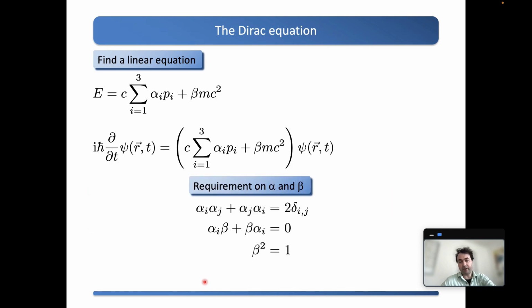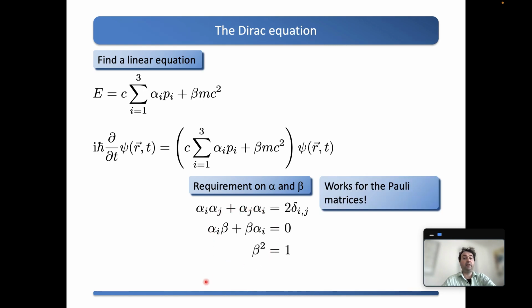Now if you look at the requirements, then we can find 2 by 2 matrices that fulfill these requirements, and actually these are the Pauli matrices. So if you look at sigma x, sigma y and sigma z, or sigma 1, 2 and 3, then they nicely fulfill these relations. Now the Hamiltonian has to be Hermitian, so our matrices have to be Hermitian. And if you look at how many Hermitian matrices there are for 2 by 2 matrices, that is 4.